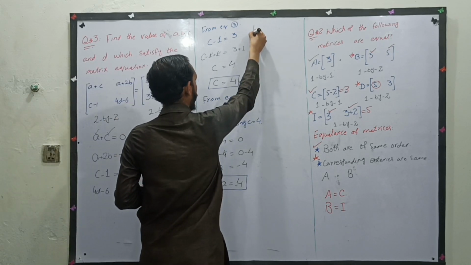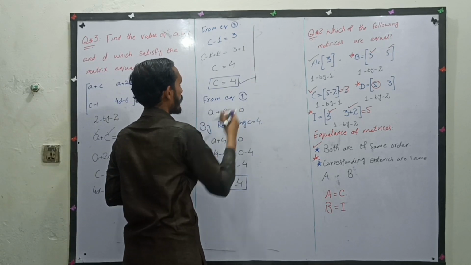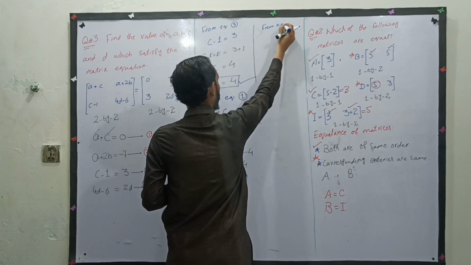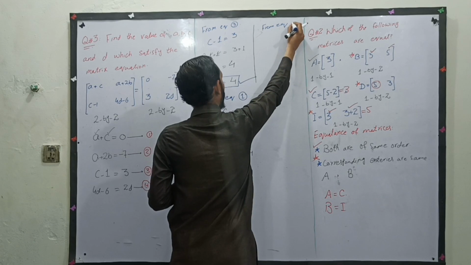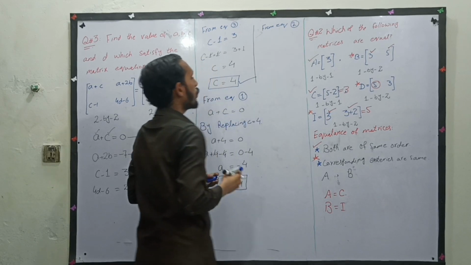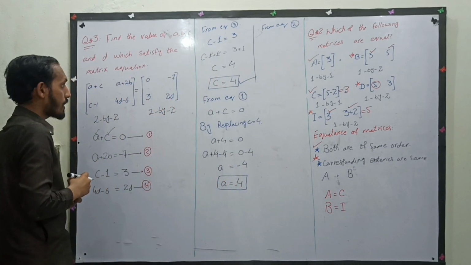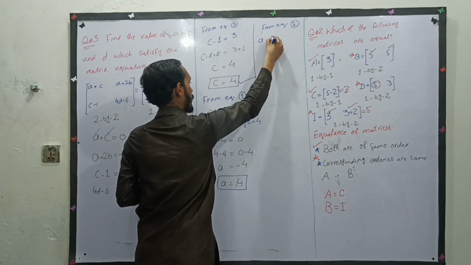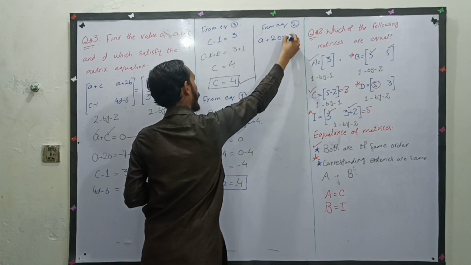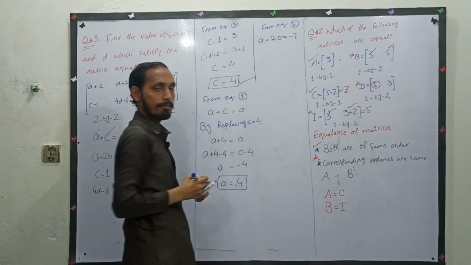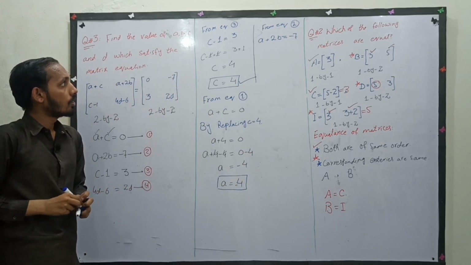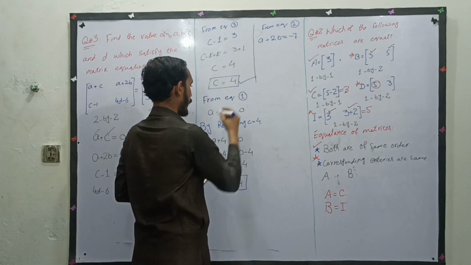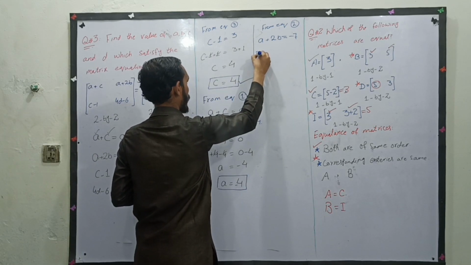Now from equation 2, अब हम इक्वेशन नंबर 2 को सॉल्व करेंगे. इक्वेशन 2 हमारे पास है a plus 2b is equal to minus 7.